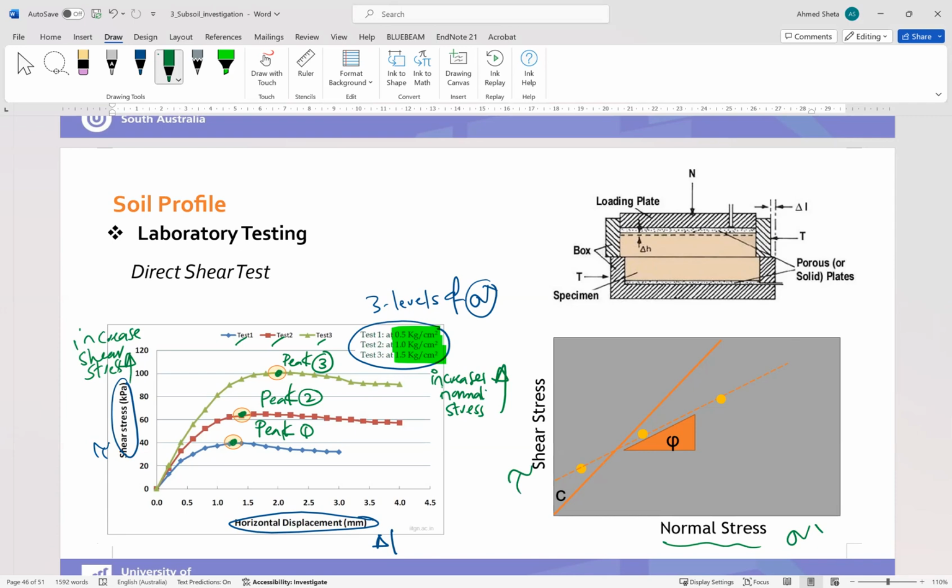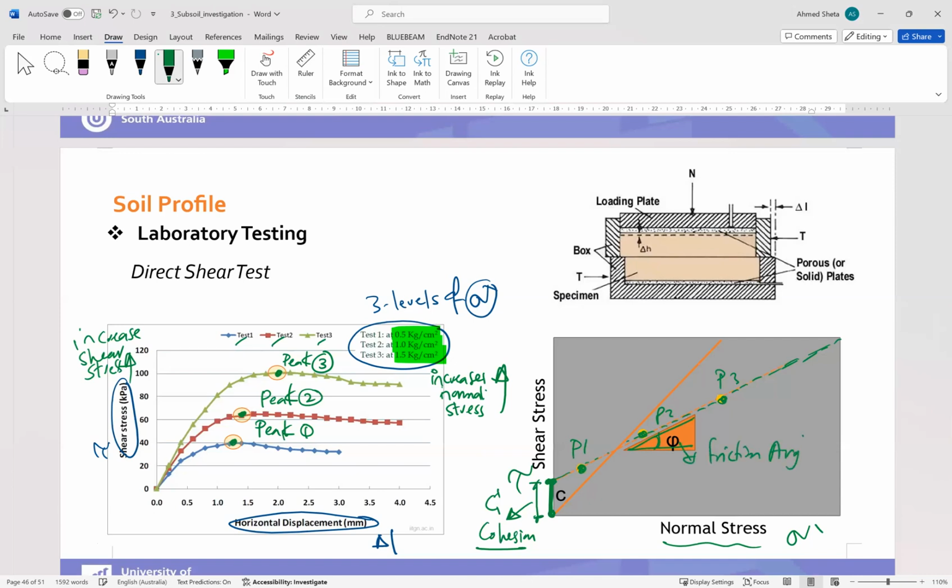For example, this is peak number 1, this is peak number 2, and this is peak number 3, and we connect these with a straight line. So the intersection between our line and the y-axis is C, which is the cohesion of the soil, and the slope of this line phi is the friction angle of the soil.